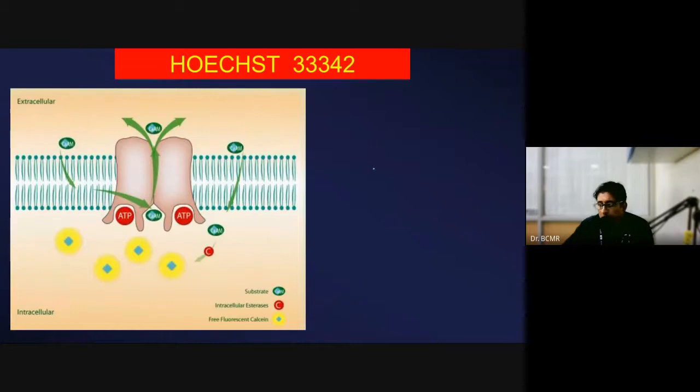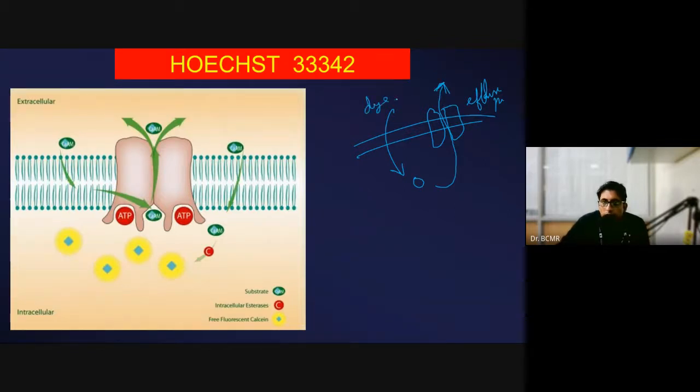The Hoechst dye is simple: we add the dye, and it permeates into the cell, and some of the cells may have efflux pumps. So the dye that has moved in is kicked outwards like this. The dye molecule is kicked out.